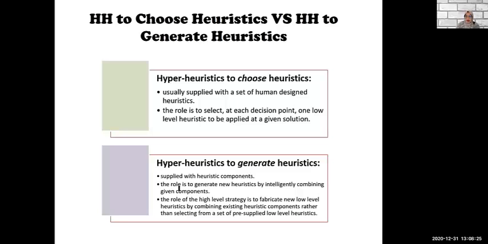So it will produce a new heuristic. That means for this heuristic generation, we might hybridize tabu search with simulated annealing, with genetic algorithm, and many more, depending on what components are selected to form the new heuristic.